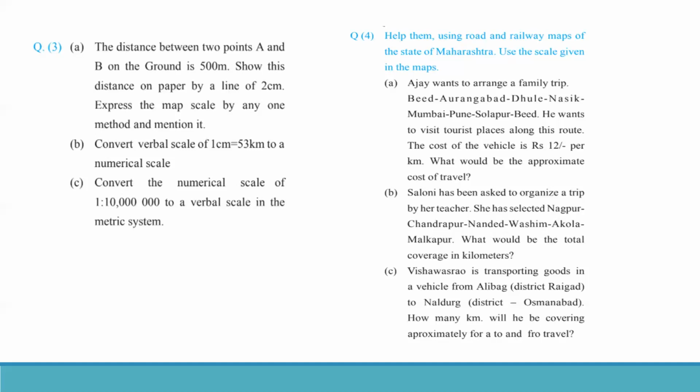So 10 lakhs, 10 crores will be how much? We will show it now. 1 centimeter is equal to 100 kilometer. That is the way you're going to show it in the metric system. That is, to a verbal scale if you're converting. So you will write 1 centimeter is 100 kilometer.